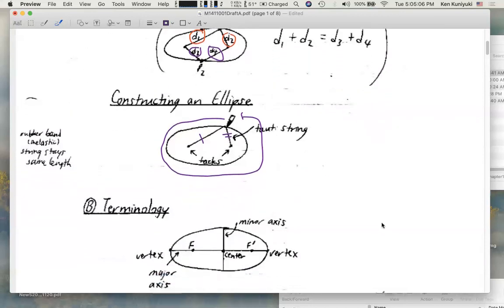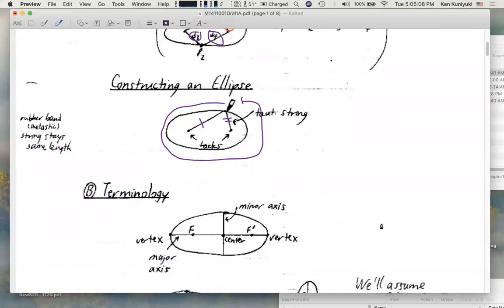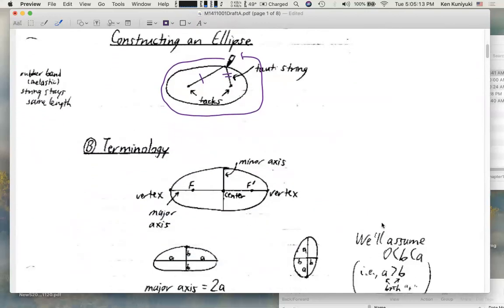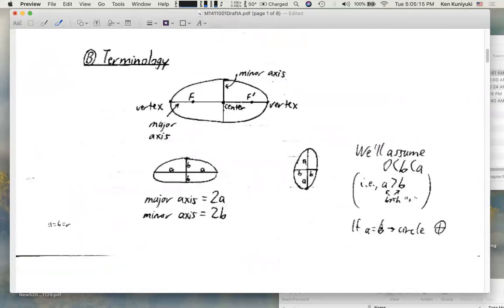All right, let's talk more about anatomy, terminology, all right, the anatomy of an ellipse. Just like for a circle, the ellipse does have a center. And the center is the intersection between the major axis over here and the minor axis over here.